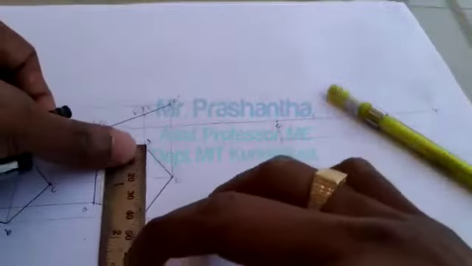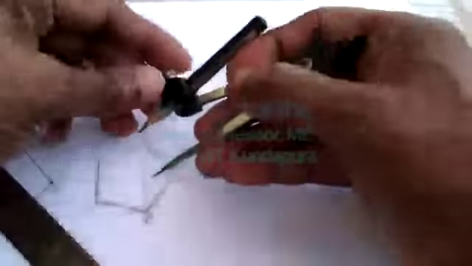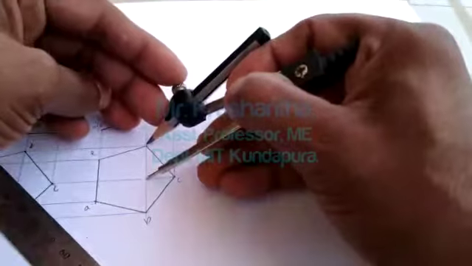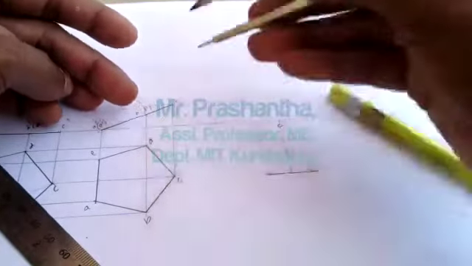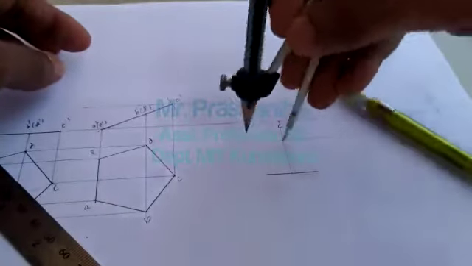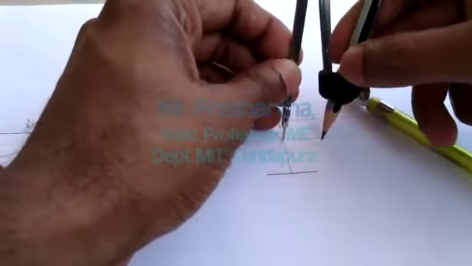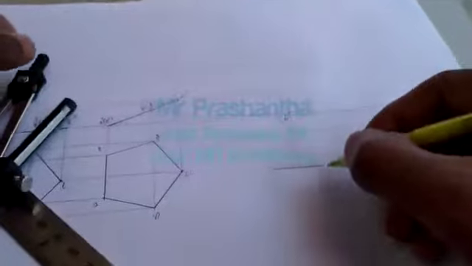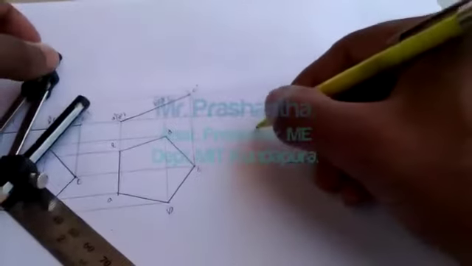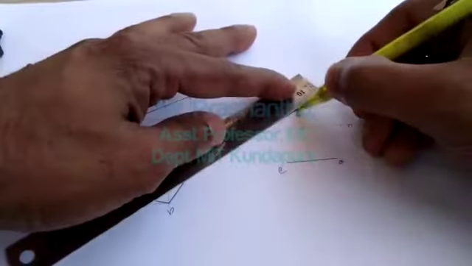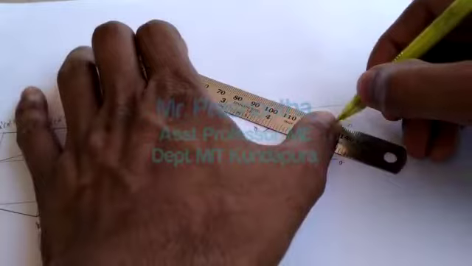Now you can measure by using a scale and place, or else you can use a compass to transfer this dimension here. Now this is A, B, C, D and E. Connect with visible lines.